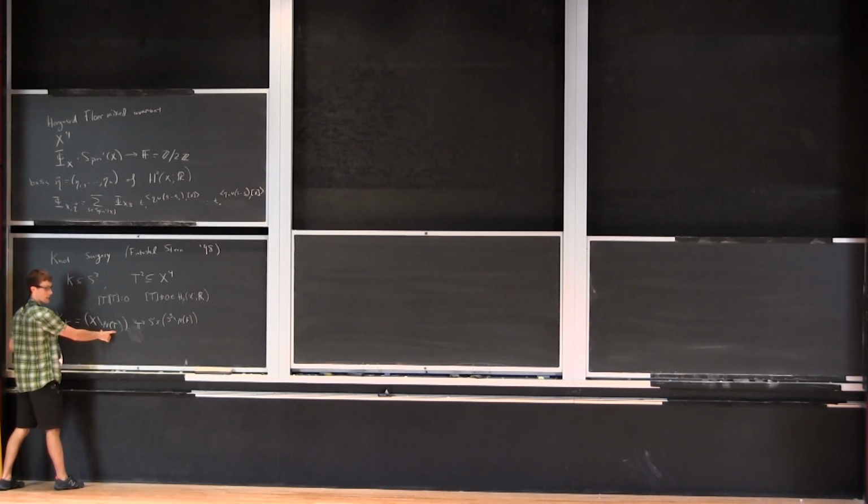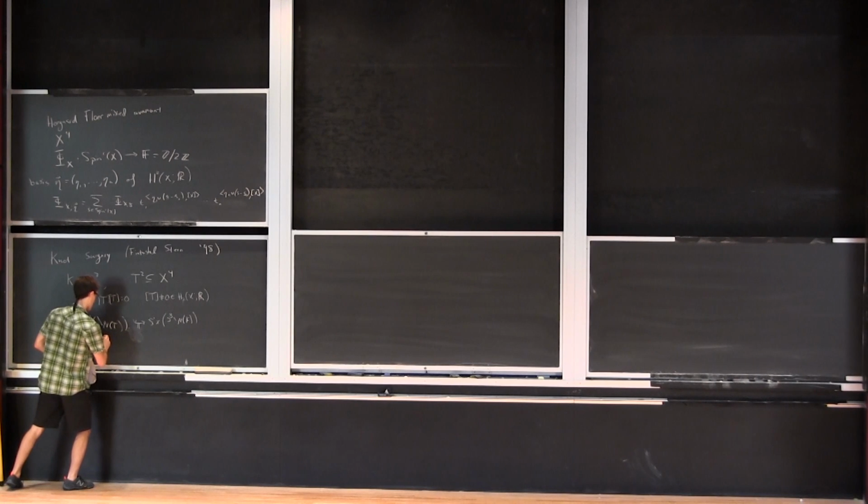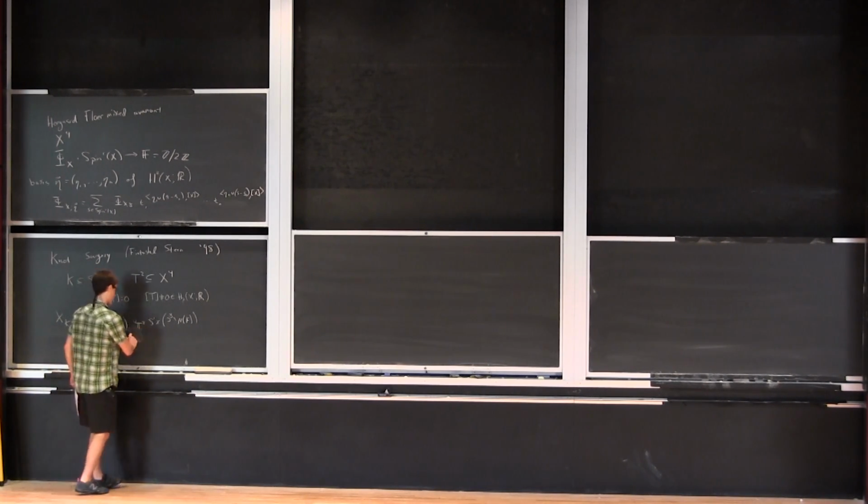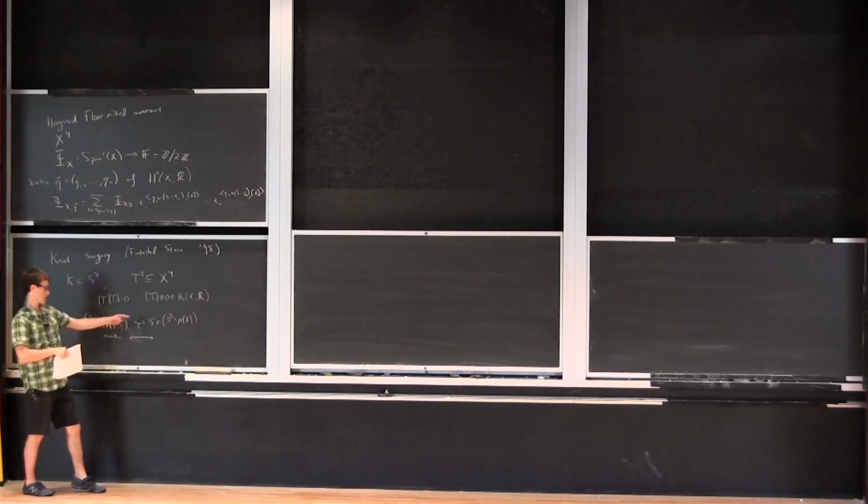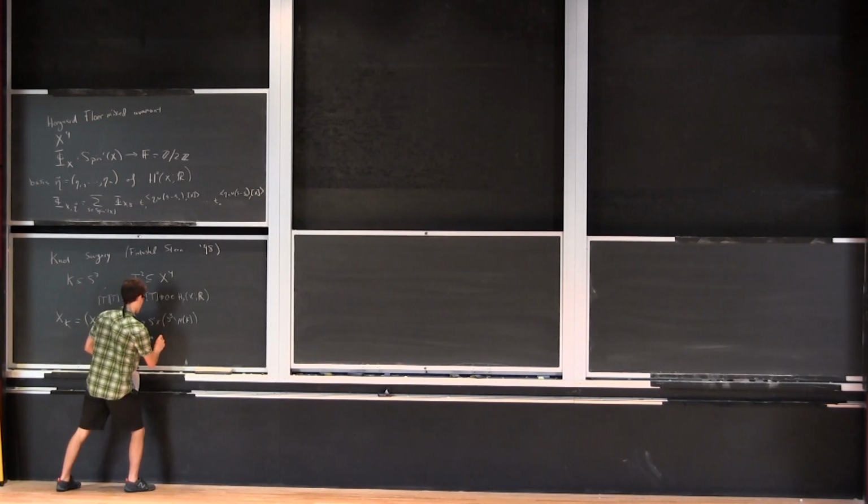And so we want to glue these together so that the meridian of the torus is glued to the longitude of the knot. So I'll say a point times a longitude.